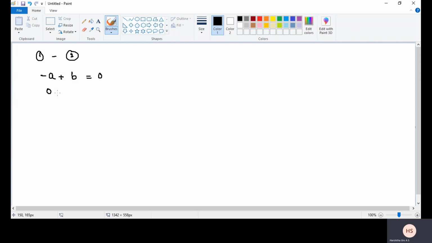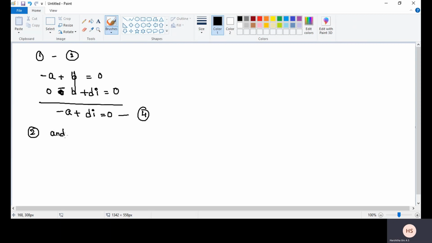Equation 2, a is not there, so I will write 0 plus b, no, we are doing minus, so minus b, again minus into minus plus di is equal to 0. So here b will get cancelled, remaining will be minus a plus di is equal to 0. Call this one as equation 4.